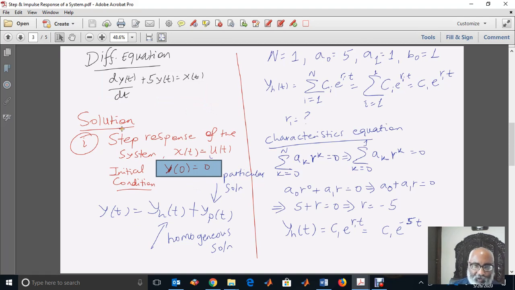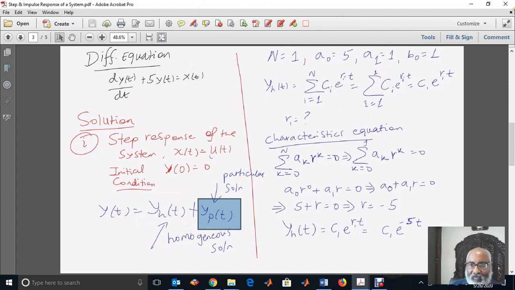Now, as we studied solving differential equations, we follow the steps for that. The complete solution is the homogeneous solution plus the particular solution. The homogeneous solution means the input is equal to 0, and first we get n is 1, a0, the coefficient of y(t), is 5, a1, the coefficient of dy(t)/dt, is 1, b0 is 1.